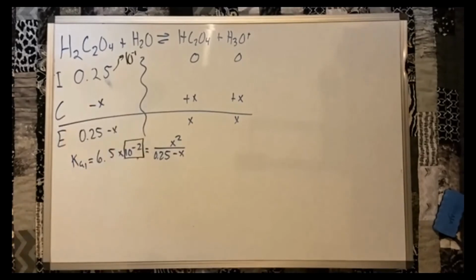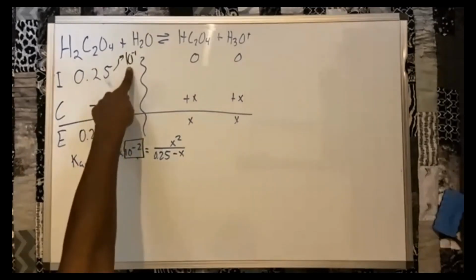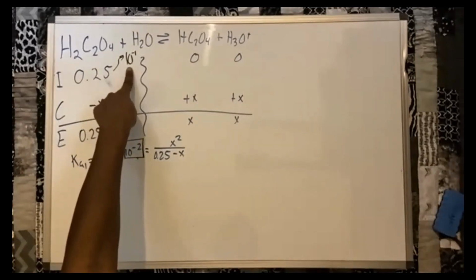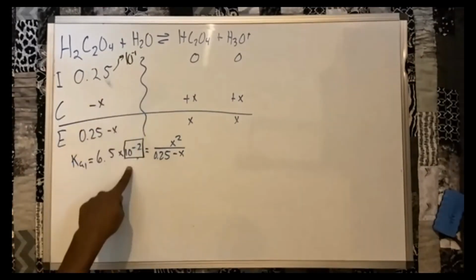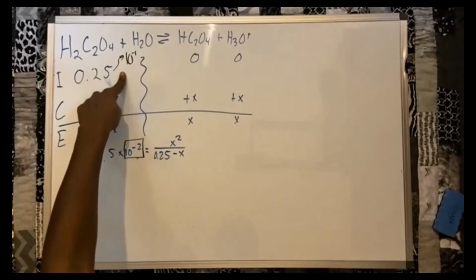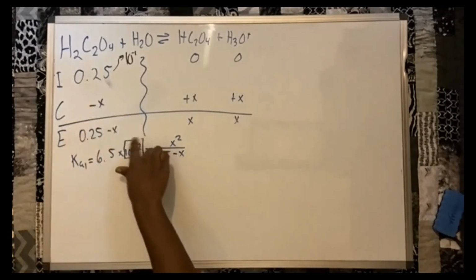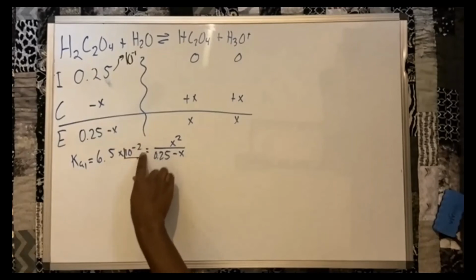To assume x is small, generally what I want is for the Ka to be 3 times less than the initial concentration. Since it isn't, you could try it, but I'm almost guaranteeing that it's not going to work. So we can do it for practice and see what happens.